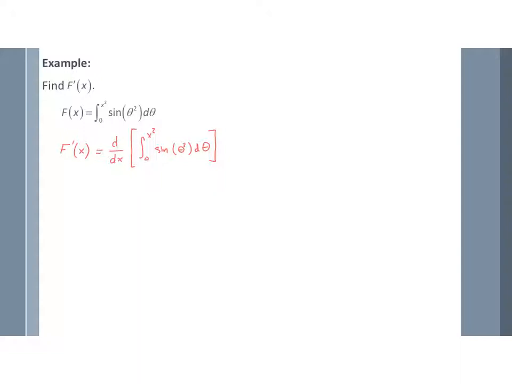So let's remember the chain rule. Remember that if y is a function of x, we can find dy/dx by taking dy/du and multiplying by du/dx. And we usually let u be that inside function. So in this case, let's let u equal x squared.